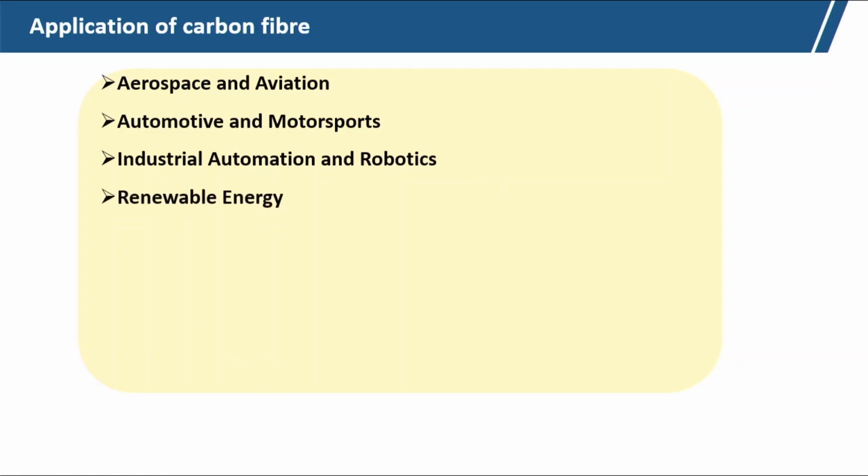Renewable energy: in wind mill blades we can use carbon fiber for reinforcement. Sports and recreation: your tennis racket is reinforced by carbon fiber, or maybe sports bikes, where carbon fiber reinforcement gives very light weight.